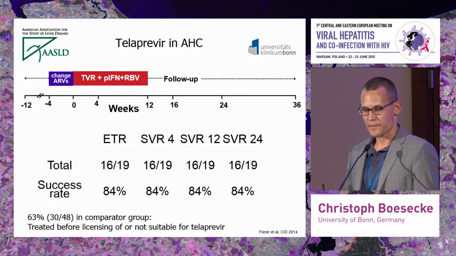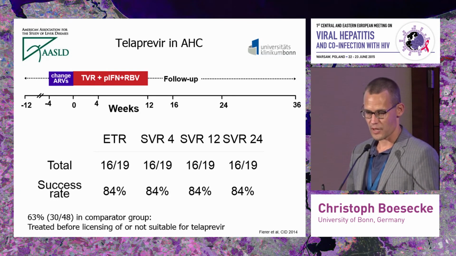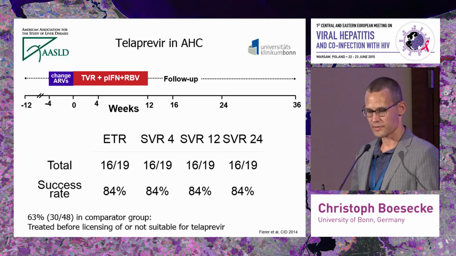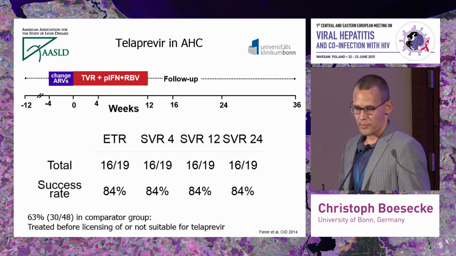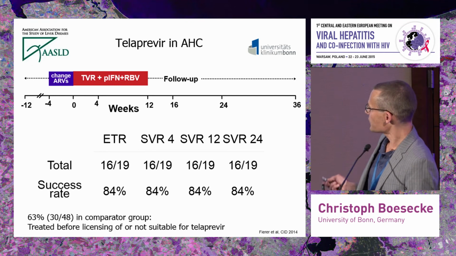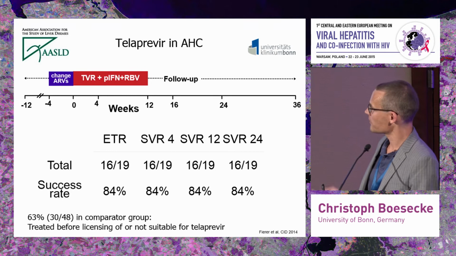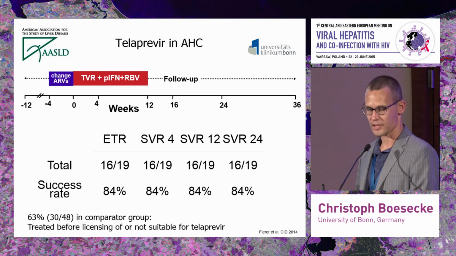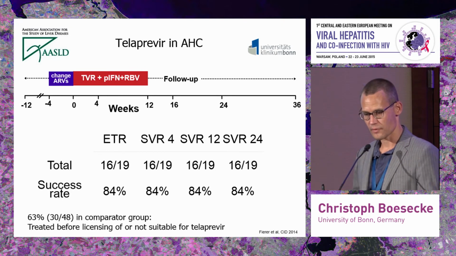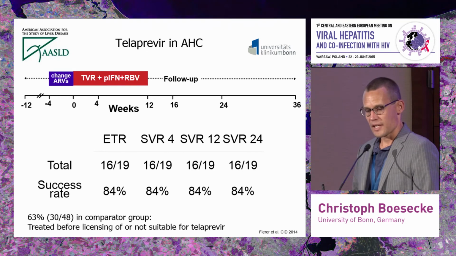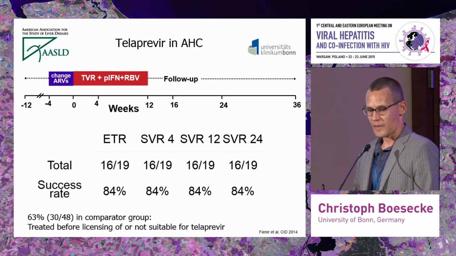So we do have some cohort data on the use of telaprevir with interferon ribavirin in the setting of acute hepatitis C infection. These are data from New York, and in total 90 patients were treated for, as you can see, 3 months, interferon ribavirin and telaprevir. So it's a shorter duration of treatment just by adding the hepatitis C protease inhibitor, and they saw a success rate of 84%.